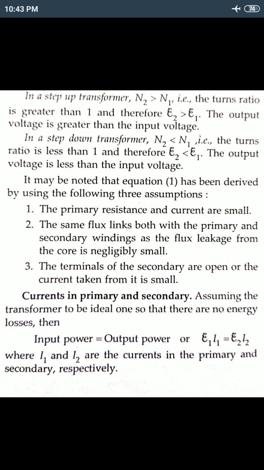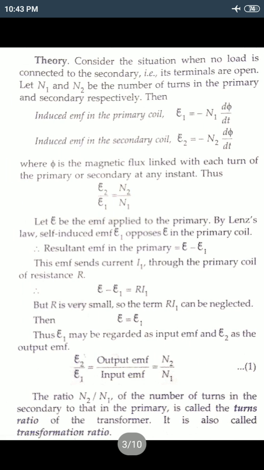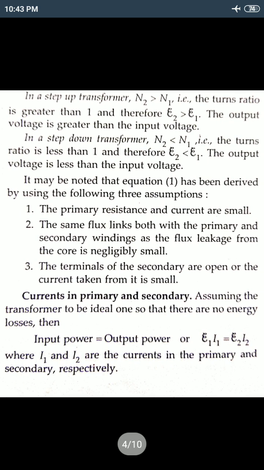And if we want to find the current expression, this is the EMF expression with the number of turns. If we assume that the transformer is ideal, that means no energy is lost, so input power equals output power. Whatever input we give, we get the same amount as output.